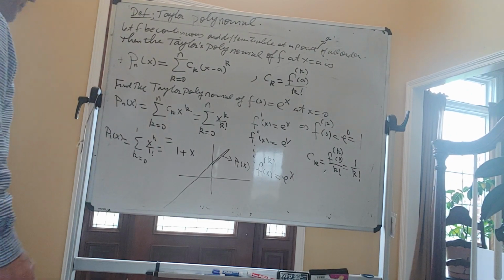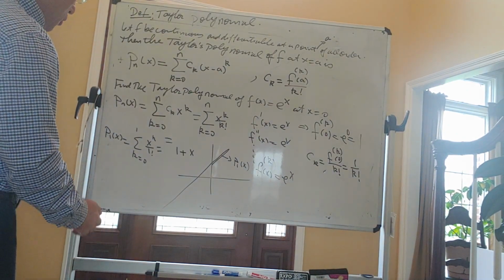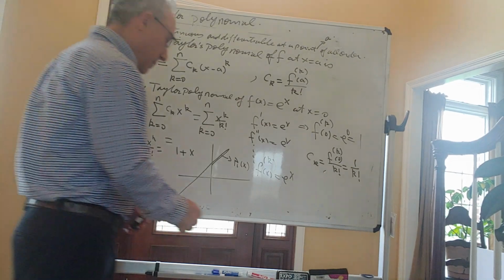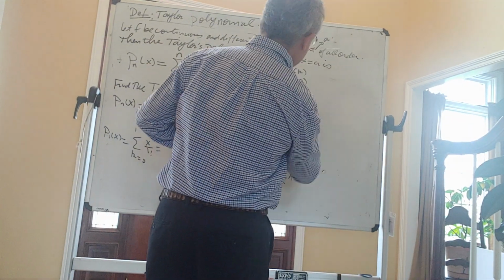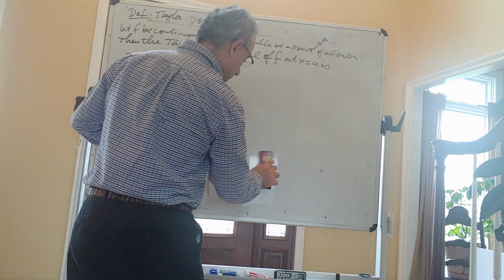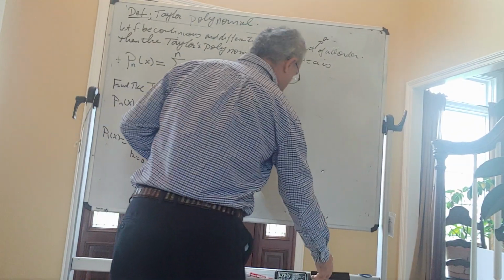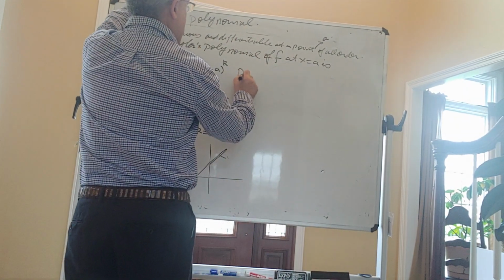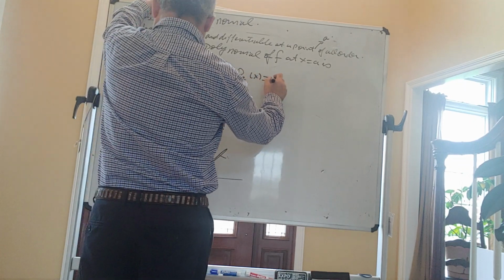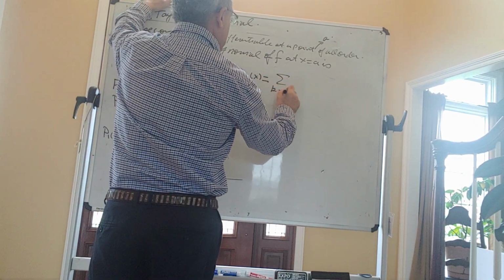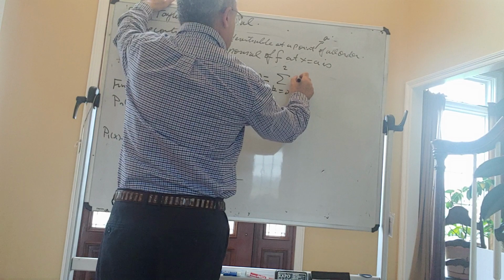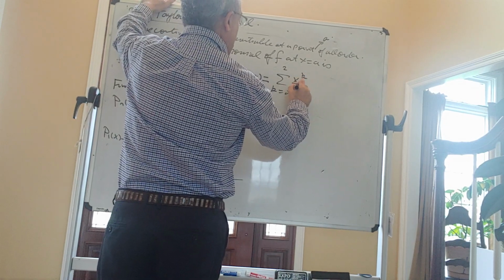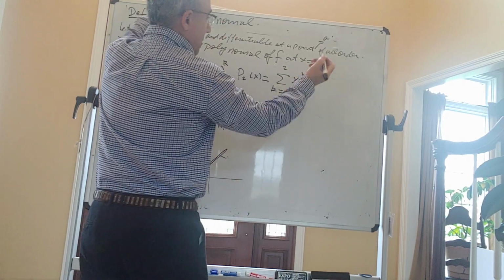Okay? Now, if you want to do P2 of x, that is the sum from k equals 0 to 2 of x to the k over k factorial.